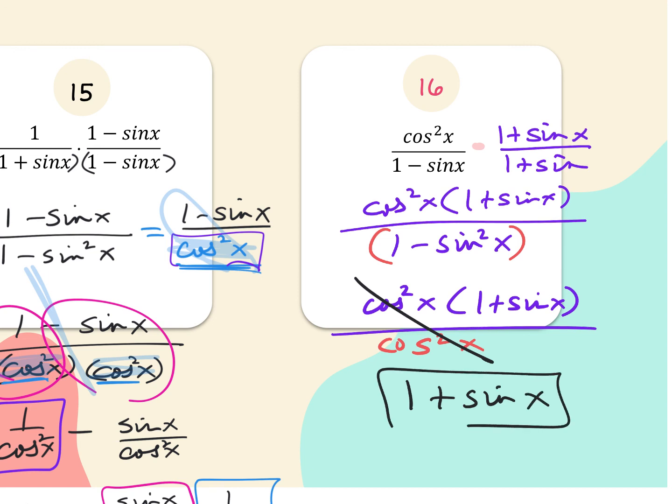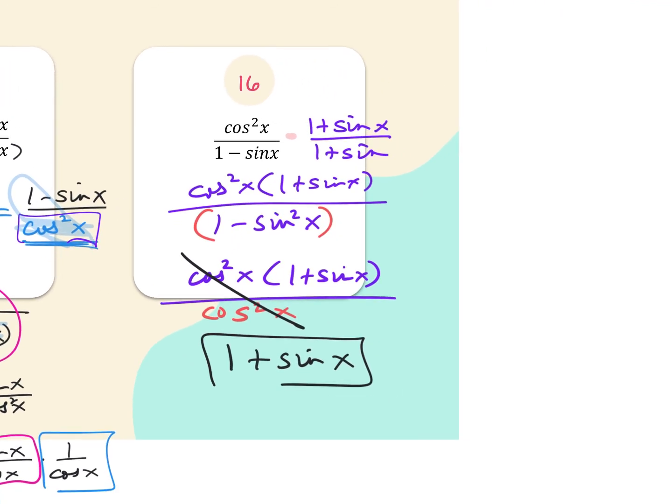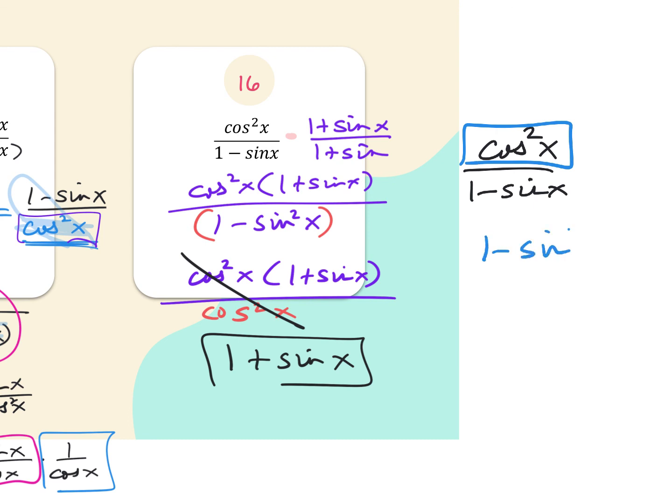The other way that you could also have done this is if I take the original, and instead of using the conjugate, I'm going to replace this using a Pythagorean identity and make this 1 minus sine squared x.